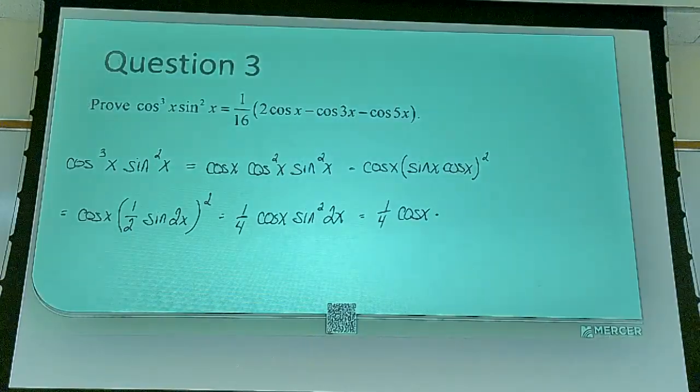Sine squared is 1 minus cosine of twice the angle, all over 2.